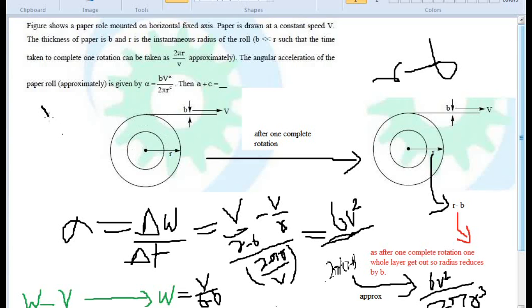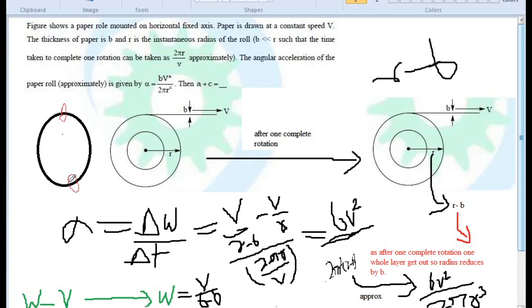Let me clear what I am talking. Now for example, this was a point. Let me take some another color. Let's assume that this was a point, and now the layer got removed from here. So this point went here.